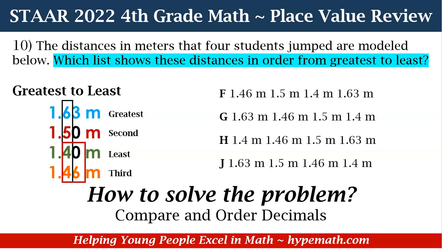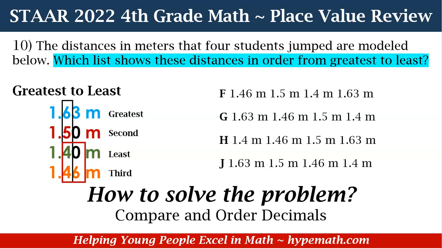Now, in the hundredths place, with a THS at the end, there is a 0 and there is a 6. So I have to ask myself, okay, what is the larger number between 0 and 6? Well, it's a 6, right? So 1 and 46/100 is my third number, and my least number or my last number is 1.4, okay?